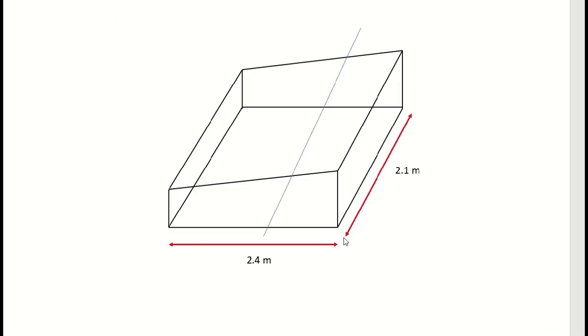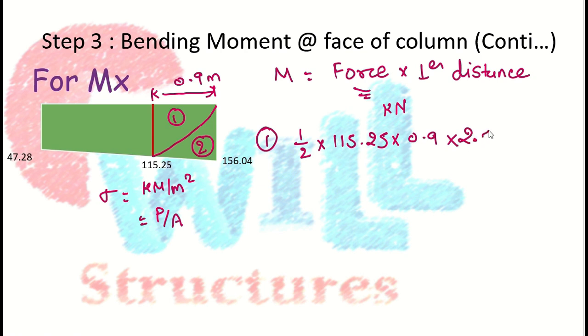So see here, we have to multiply this particular distance in the other direction, or we can say the width, which is 2.1 meter. Let me just write 2.1 meter. Now let's do it for the second triangle. It is 1 by 2 multiplied by 156.04 multiplied by 0.9 multiplied by 2.1. Same, okay. The only change is the values of these two vertical coordinates, right?